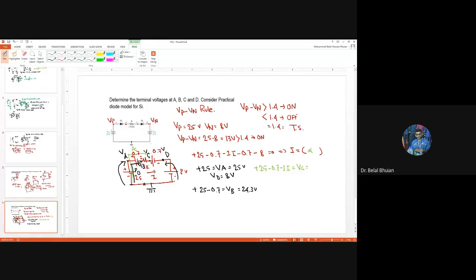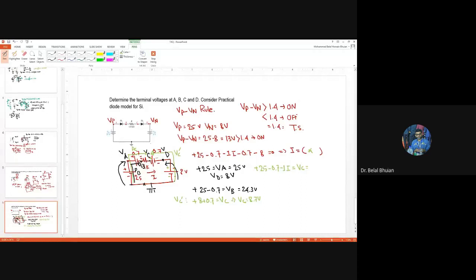If we take this path, VC prime, starting from here, going from low plus to high, E. Plus 8 plus 0.7 is equal to VC, which means VC is equal to 8.7 volt.